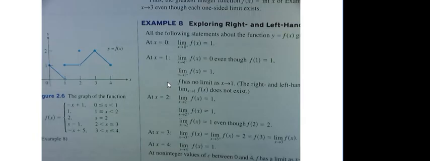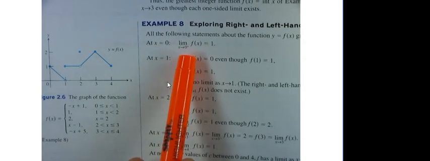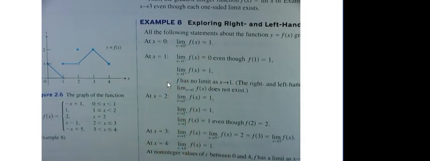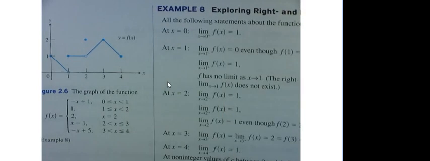So the first limit is, what is the limit as x approaches 0? Now, which way is it coming from? On the right, is it a plus? Yeah, it's a plus. I'll zoom in so you can see it a little better.